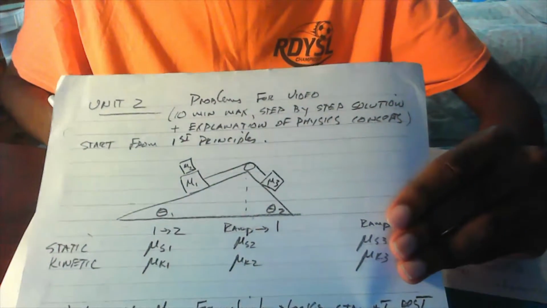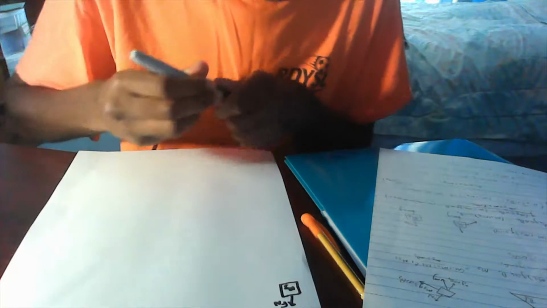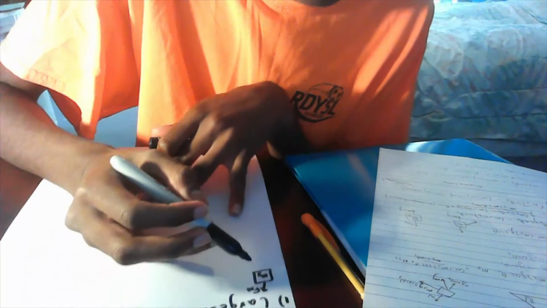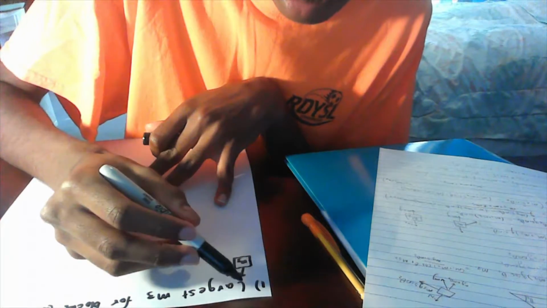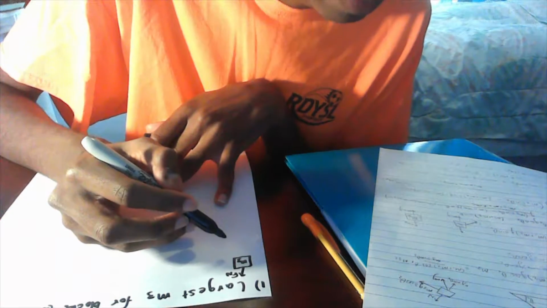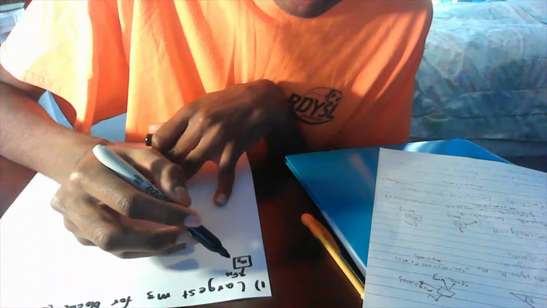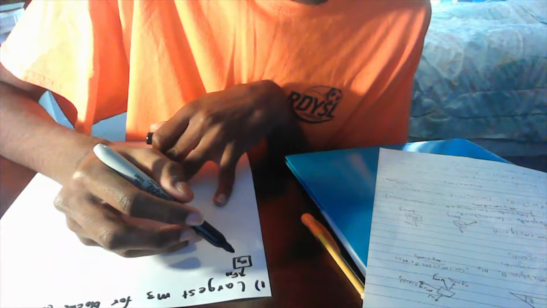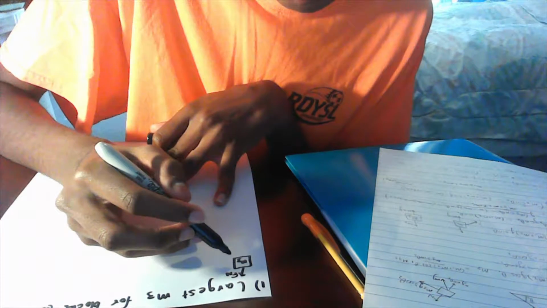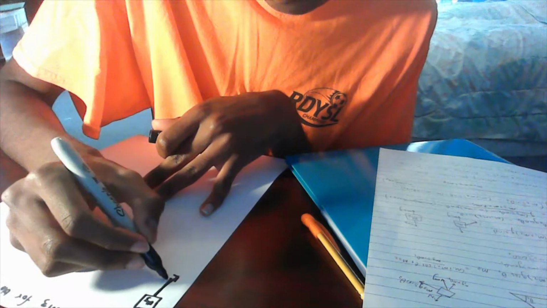Again, we're just going to go over the free body diagrams first. For the free body diagrams, we have a normal force acting upward on M3, which is perpendicular to the surface it is on, and mg is straight down no matter what, at an angle relative to the incline.